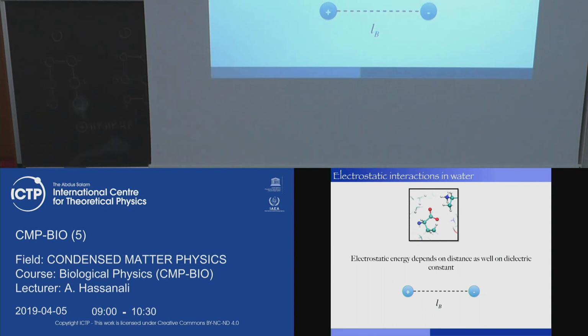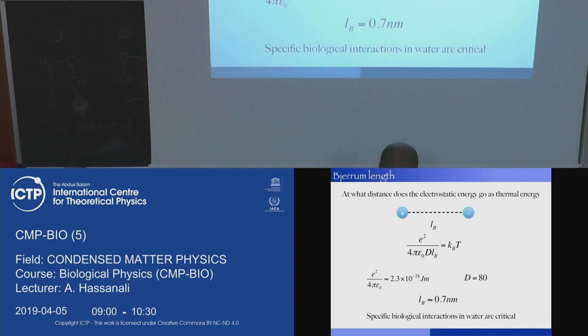That length scale is called the Bjerrum length. The Bjerrum length depends on temperature and on the dielectric constant. So depending on temperature and dielectric constant, the Bjerrum length will change. In water, that estimate of the Bjerrum length is about 7 angstroms. Okay?